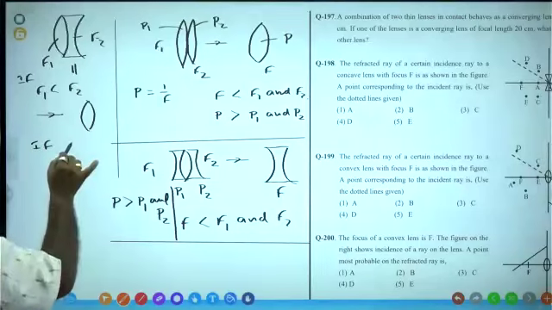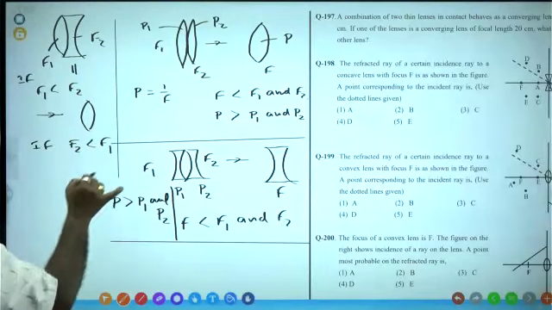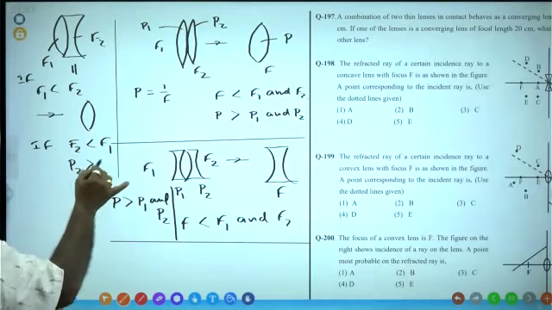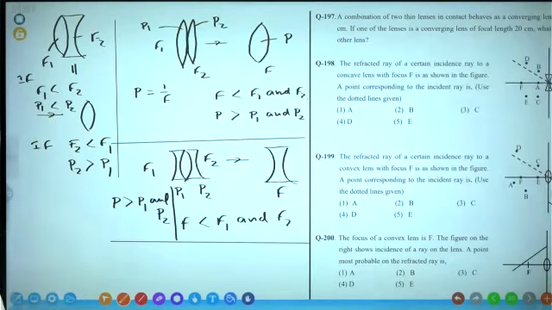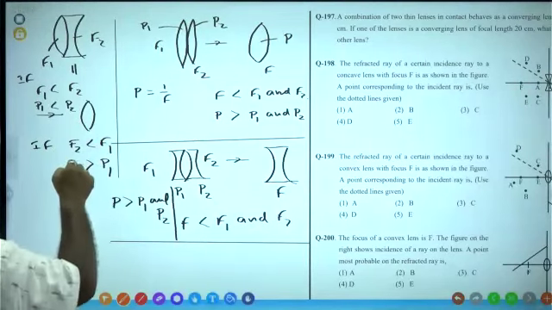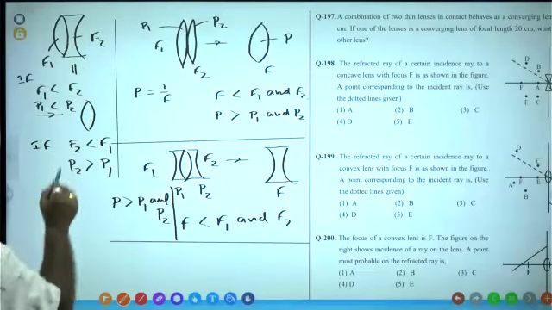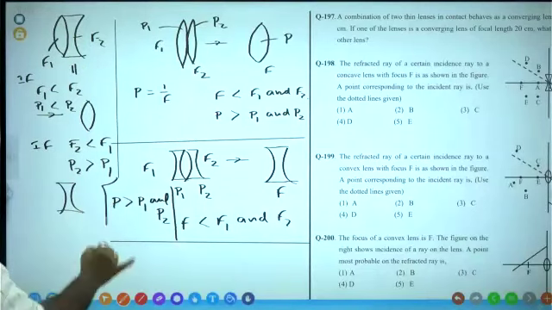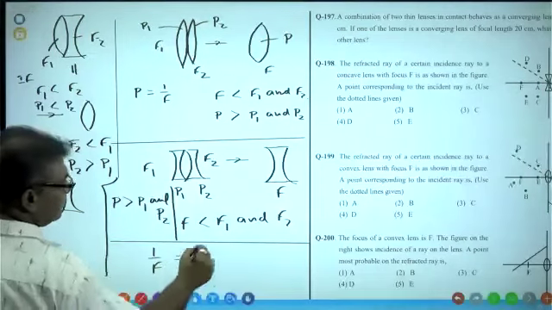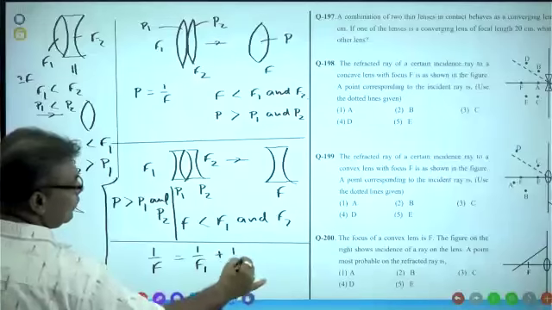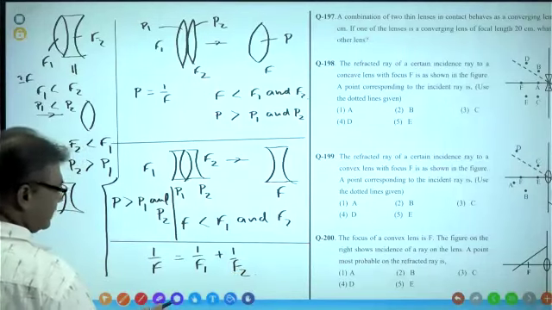If f2 is smaller than f1, which means power P2 is greater than P1, then the highest power one, the short focal length one, decides the resultant lens, so the resultant is concave. Anyhow, the resultant focal length is given by 1 over f equals 1 over f1 plus 1 over f2. This is the standard equation.